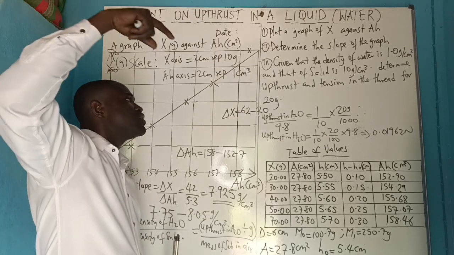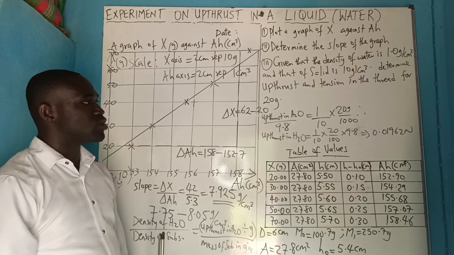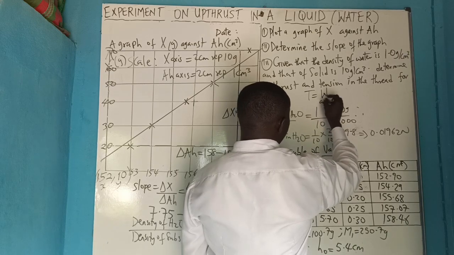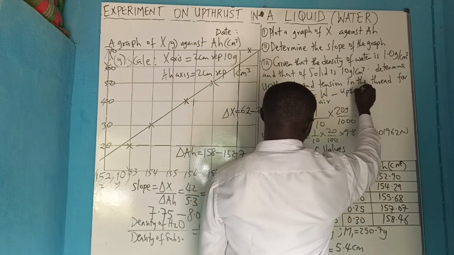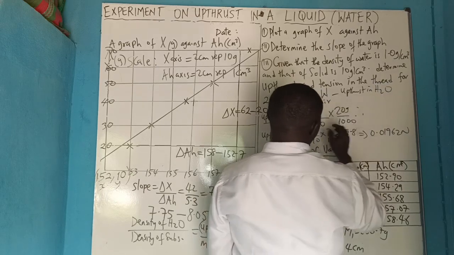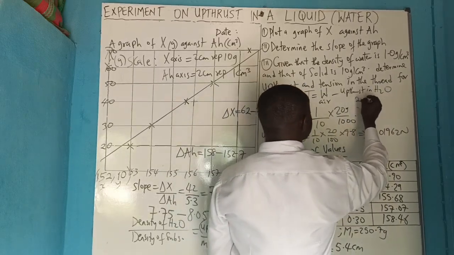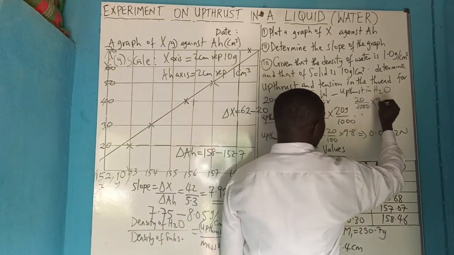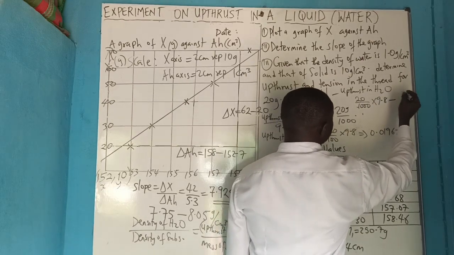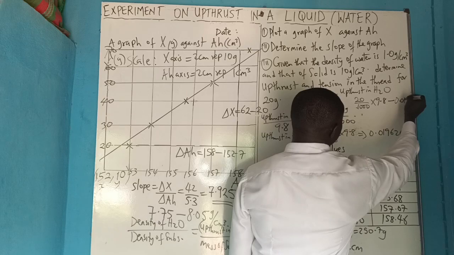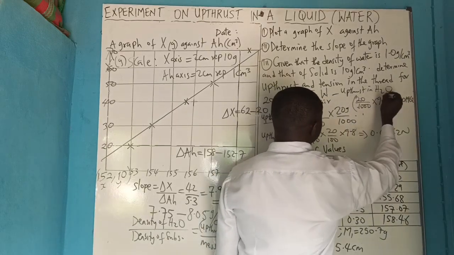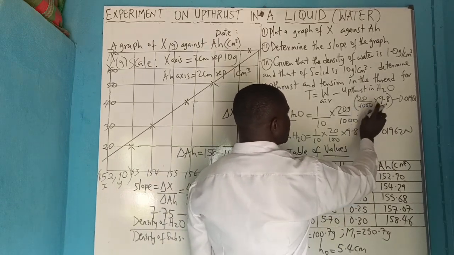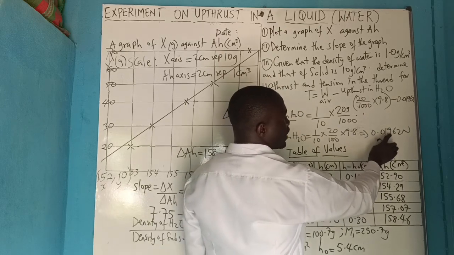Now, what will be the tension in the thread? We remember that tension is equal to weight of that substance in air minus upthrust in water. Weight of the substance in air: 20 gram, weight of it is 20 over 1000 times 9.8, then minus upthrust in water, 0.01962. So compute this, minus it with this 0.01962.